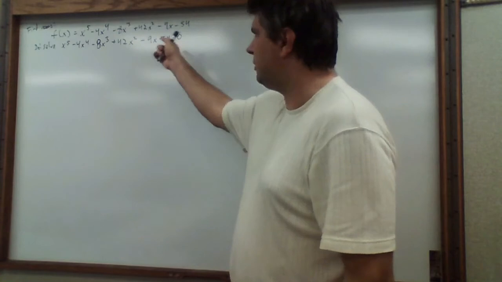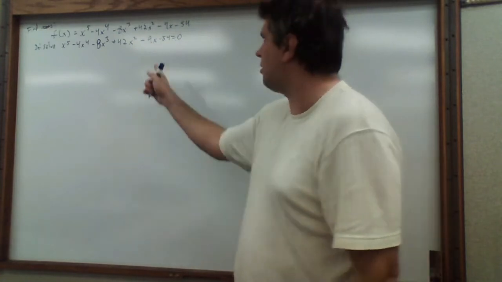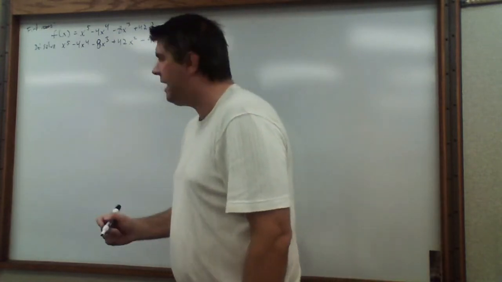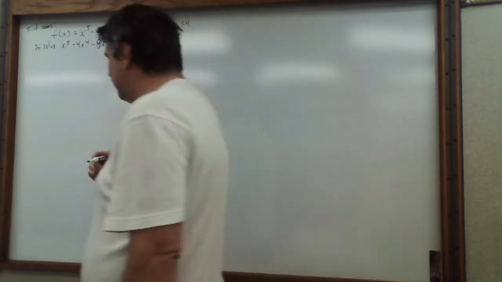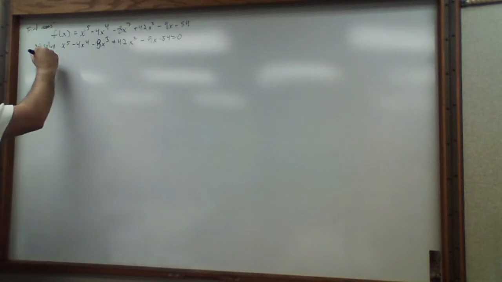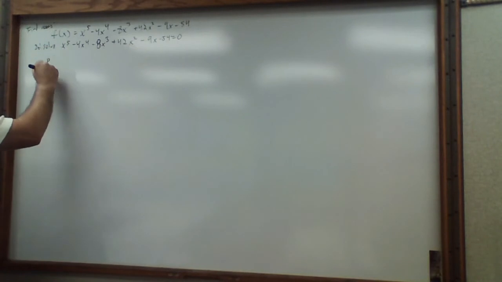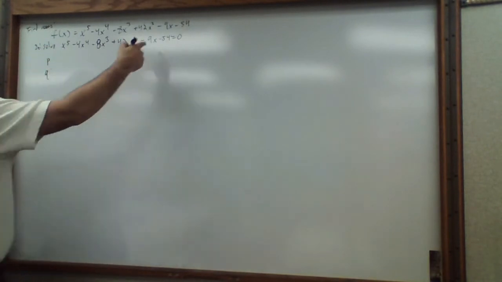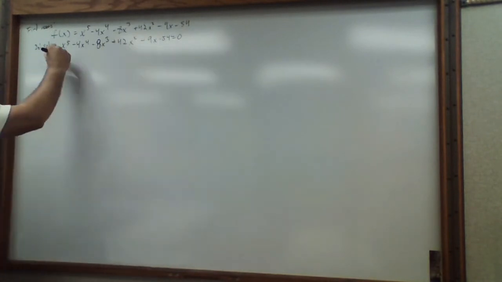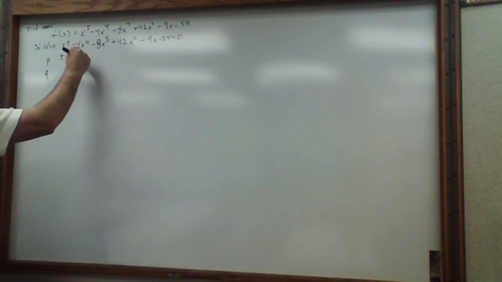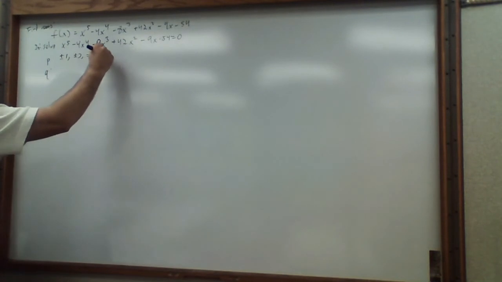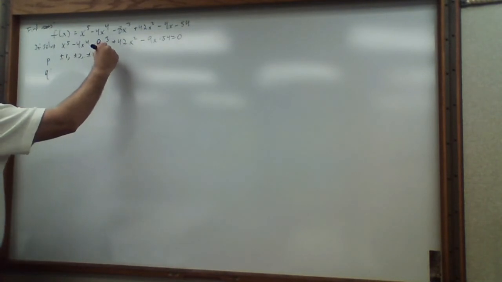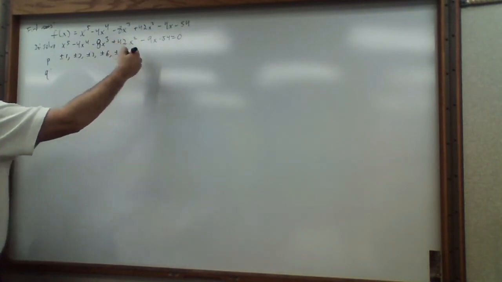To solve this, we just need to set it equal to 0. It's a quintic polynomial, a fifth degree, so the only method available for this is the P and Q method. P is all my factors of 54. So that would be 1, 2, plus or minus 3, plus or minus 6, plus or minus 9.